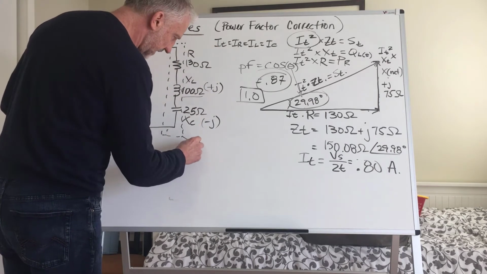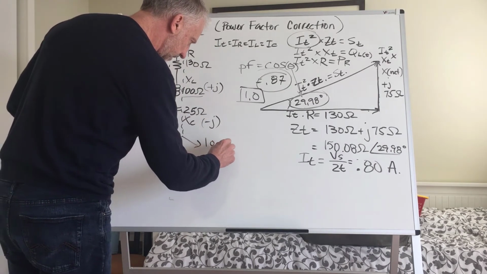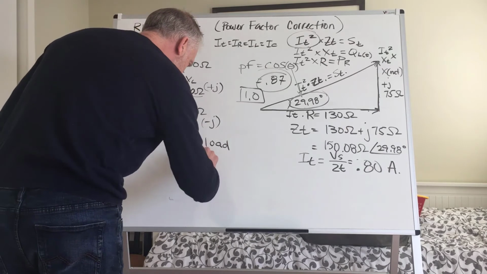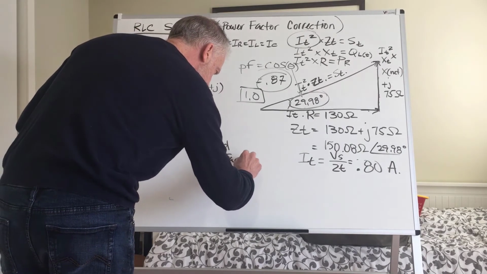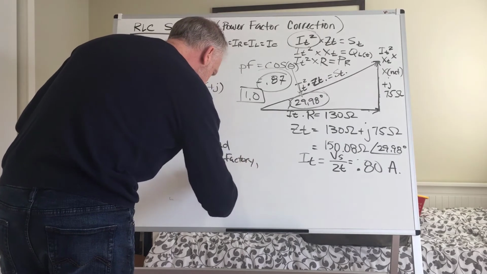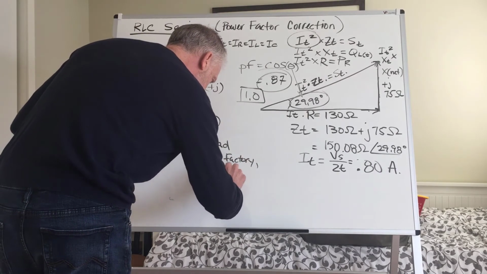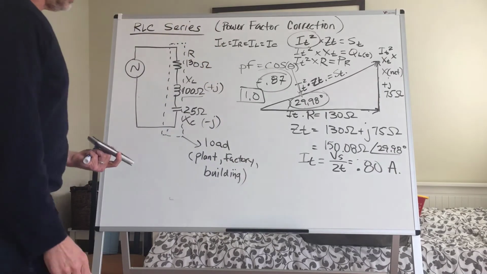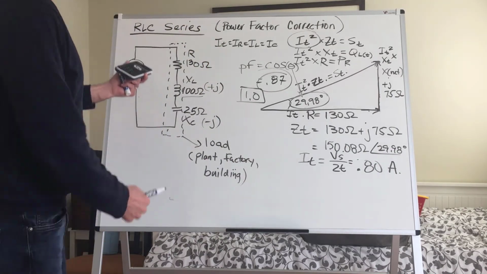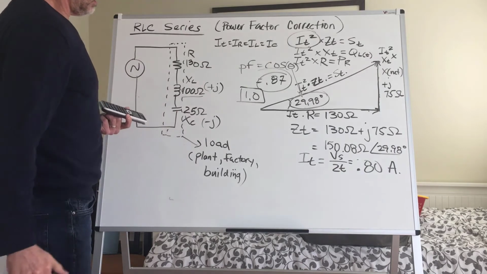So inside the dotted line here is the load. This could be a plant, a factory, just a building with transformers, motors, inductive loads. So it's a plant, factory, or building. This represents the whole building load.